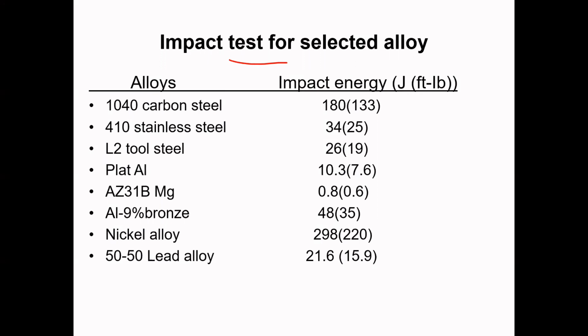So when we report the results of Charpy impact testing, the absorbed energy in joules is always reported, while the percentage crystallinity and lateral expansion are optional on the test report. So this is optional, and the absorbed energy is always reported.